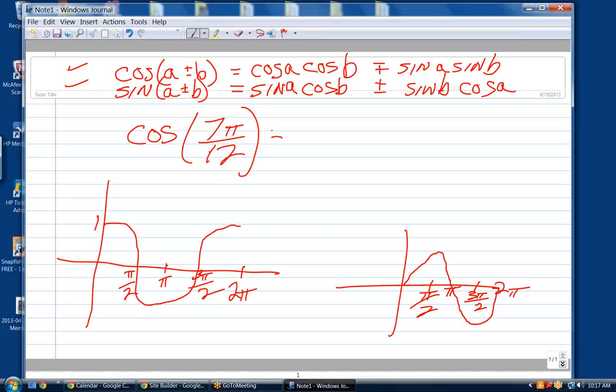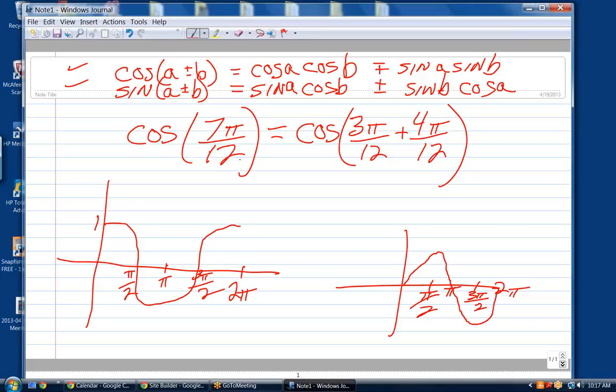Let me just write that, and you'll see why I remember that: 3 pi over 12 is pi over 4, and 4 pi over 12 is pi over 3. So A and B are going to be pi over 4 and pi over 3, and I know the cosine and sine of those angles.